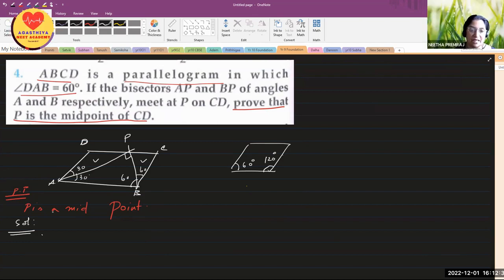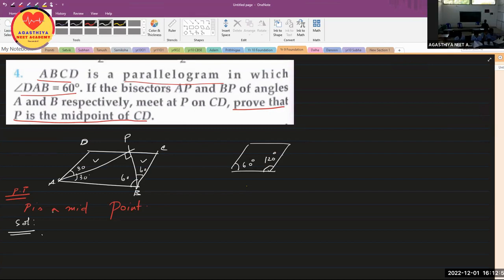One thing is very clear. A is 60. So this also must be 60. Correct? Yeah, correct. This also 60. And this also 60 it comes. This is 120.